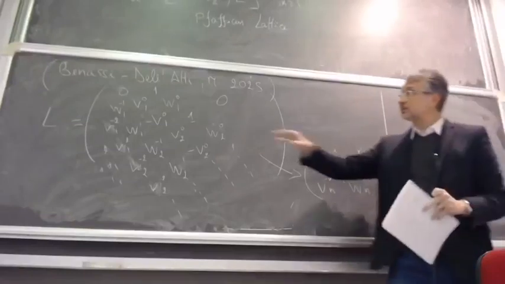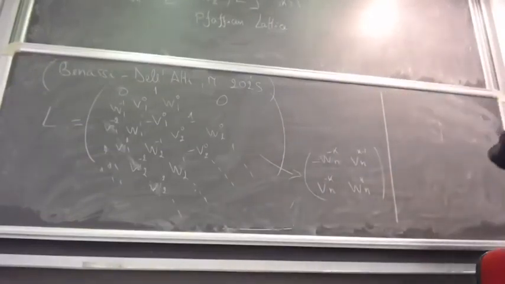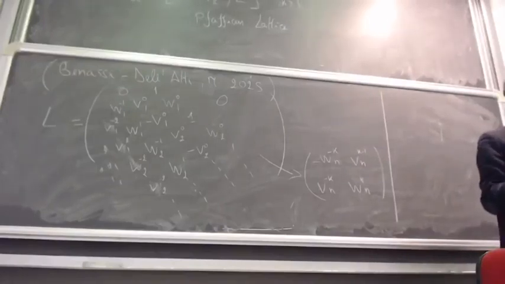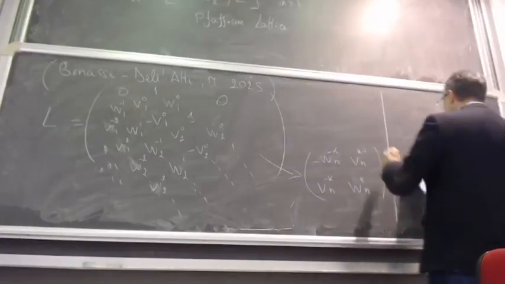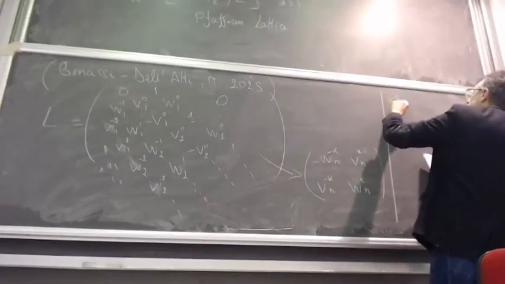So now there's a question: how do we express the W's and the V's in terms of the tau function? There is not a simple formula to do that in general. We have nice formulas for the first elements, W0 n.